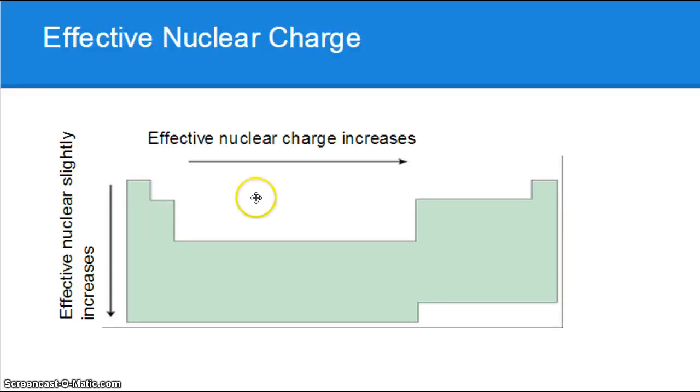So as you go across this way, it increases because you add more protons, but not much more shielding. And then it drops when you start a new row because you have a lot of electrons in between the outer ones and the nucleus. And it increases as you go this way, and then it decreases when you start a new row. There is a slight increase as you go down the periodic table, but not much.